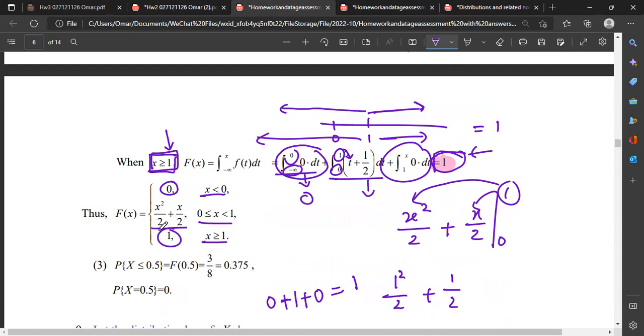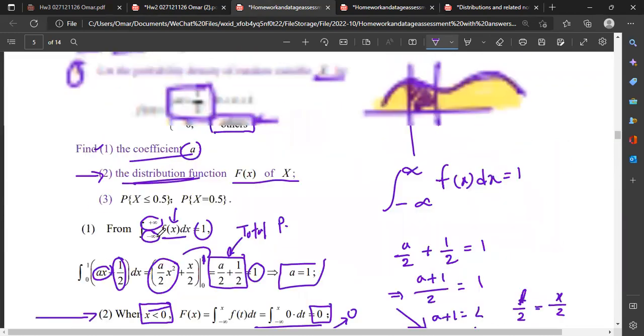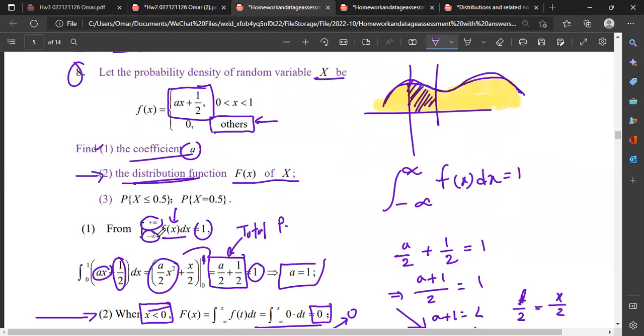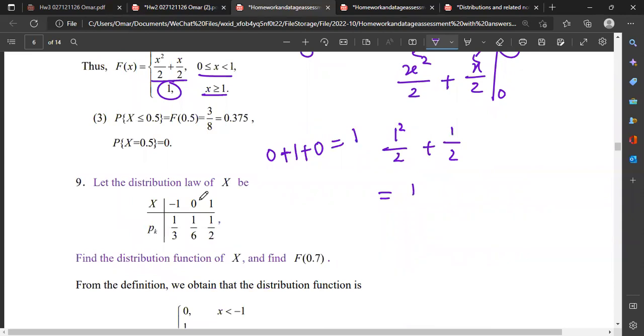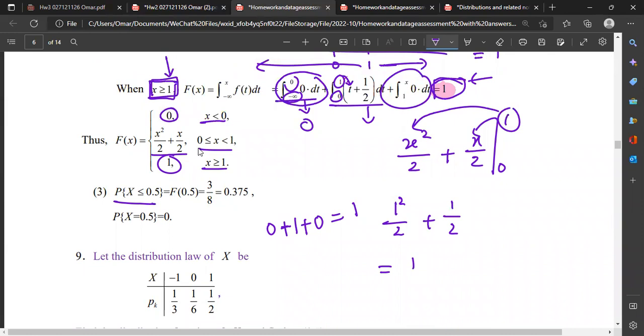So this way we calculate the second one, and the third one here, that is the probability of x less than or equal to 0.5. So x is less than or equal to 0.5. We already got this answer here, right? For x from 0 to 1.